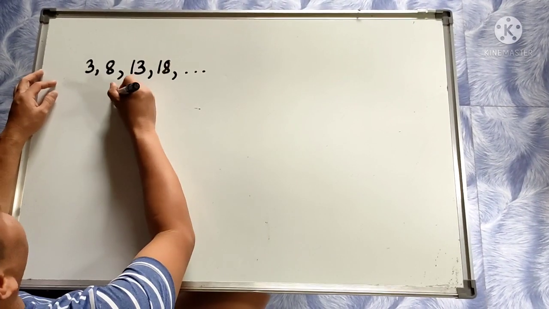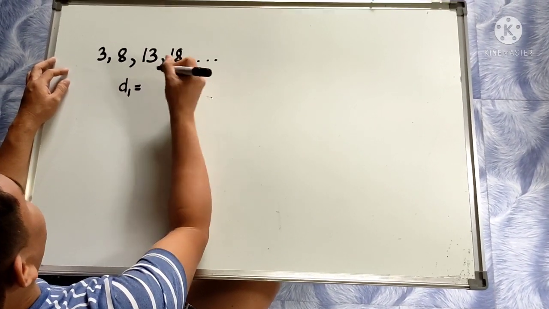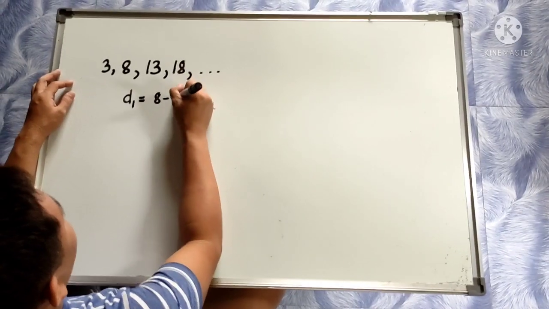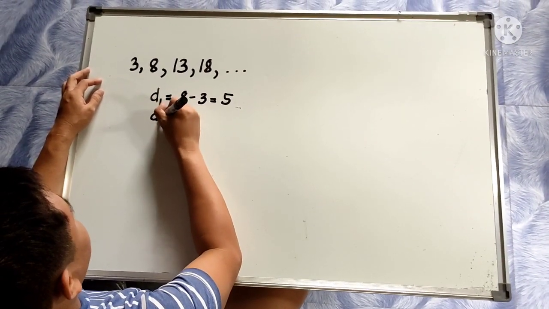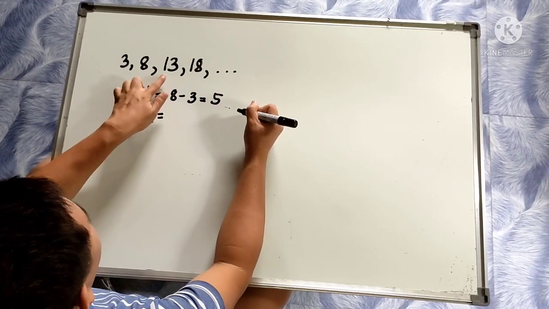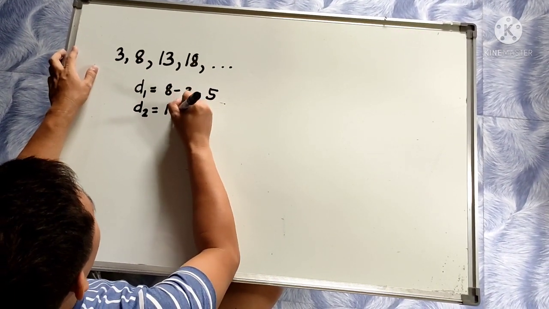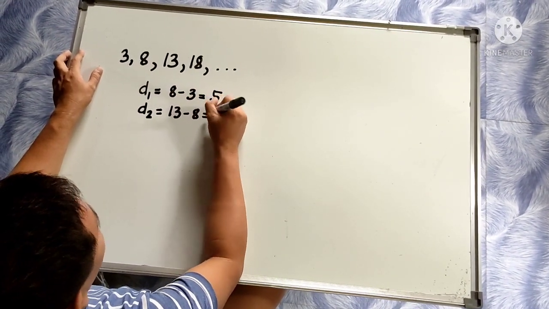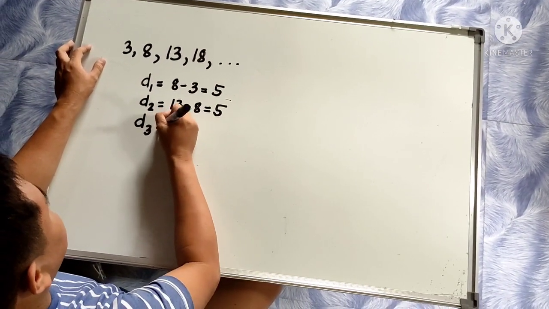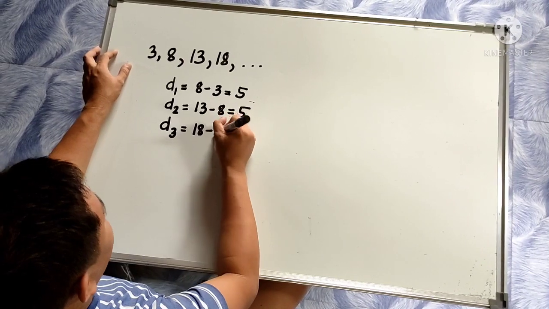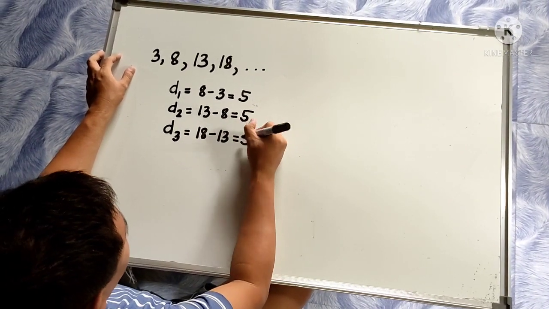So the first difference is equal to 8 minus 3, which is 5. Second difference, you will have 13 minus 8, which is also equal to 5. Now, our third difference is 18 minus 13, which is equal to 5.